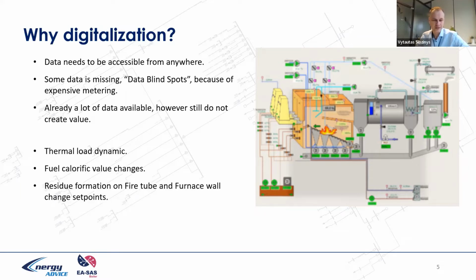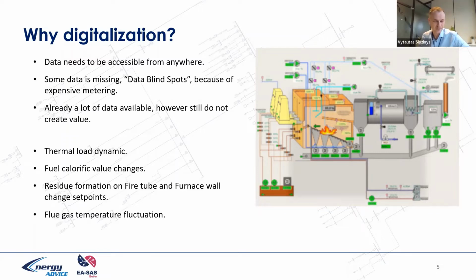And finally, when we operate the boiler, residue forms on the fire tube and on the furnace wall, and all of these changes inside the boiler change the heat exchange characteristics. Thermal conductivity and hydraulic loss coefficients change, and due to this, finally you should make some adaptations to the boiler set points.